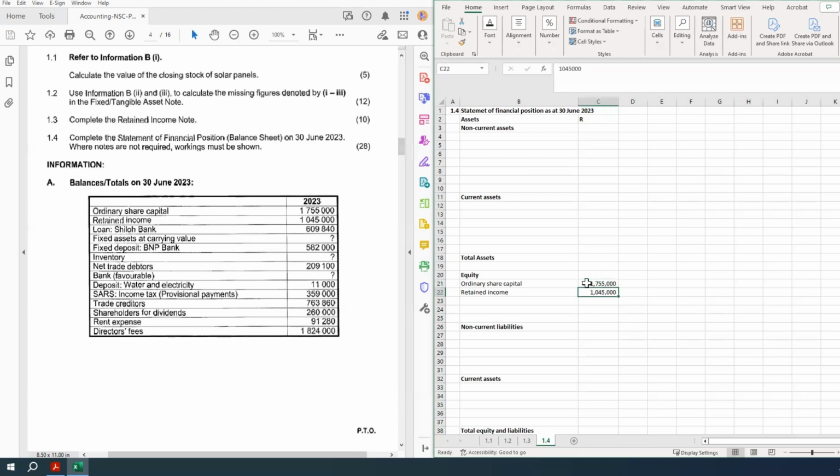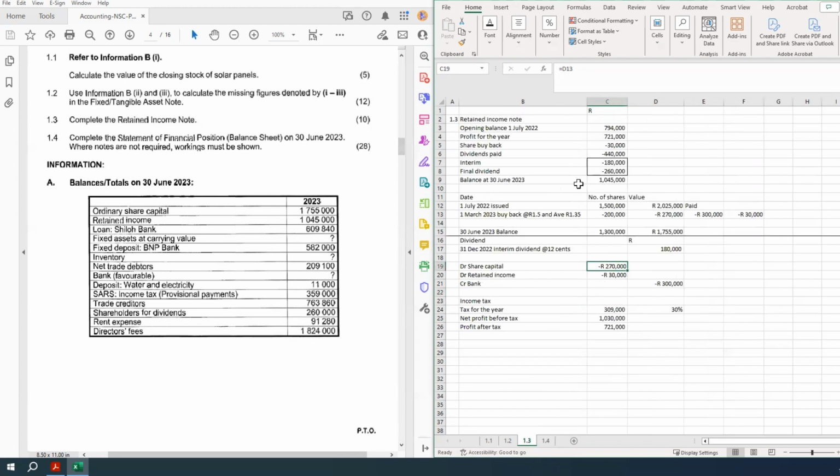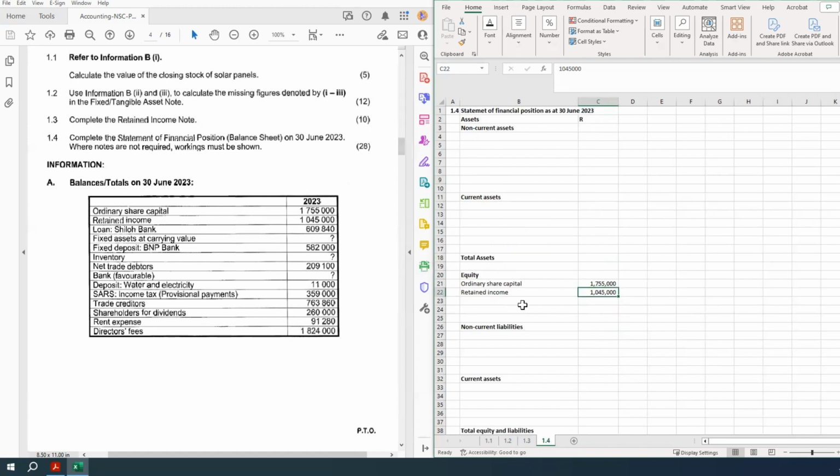Okay, so retained income has been also provided. And just to remind ourselves that this number was actually the closing balance. Okay, so the 1,045,000 was the closing balance. So we don't need to do anything there. We already have the figure, so we can populate that. Okay, and then there is a loan from Shiloh Bank.